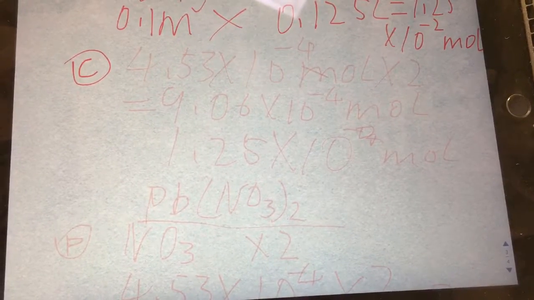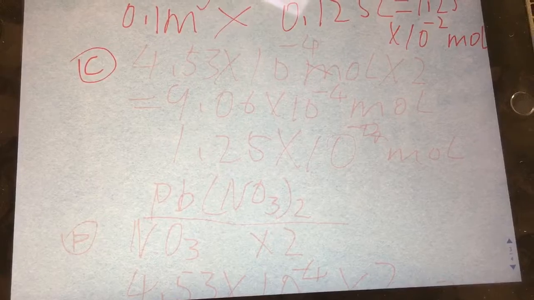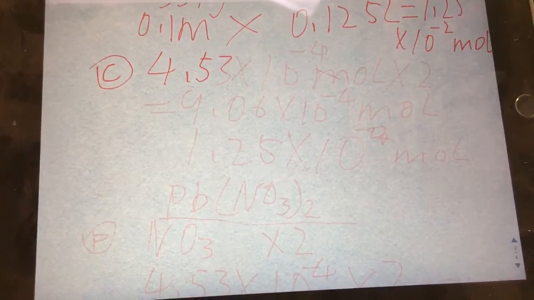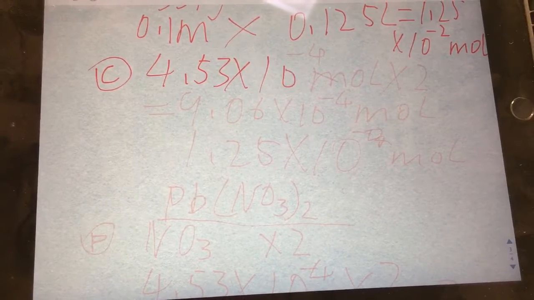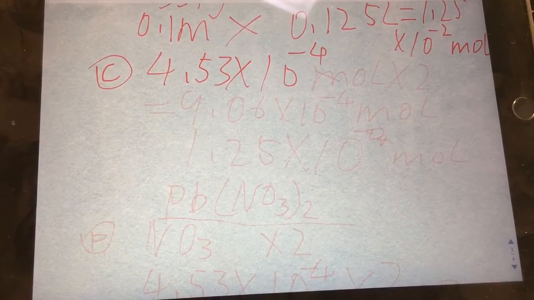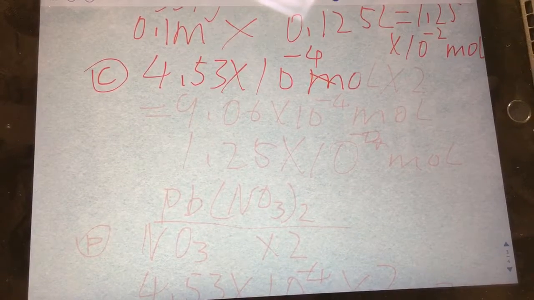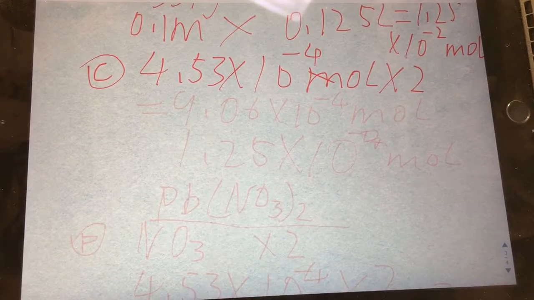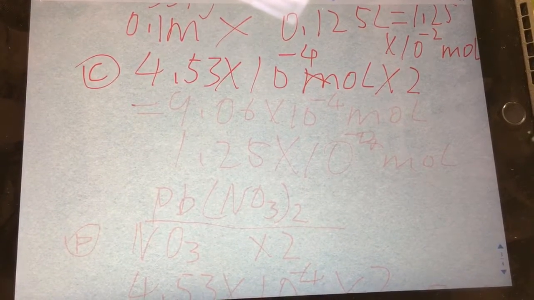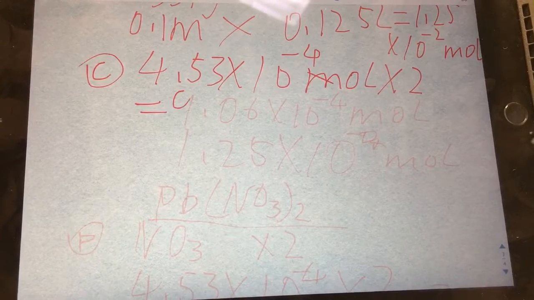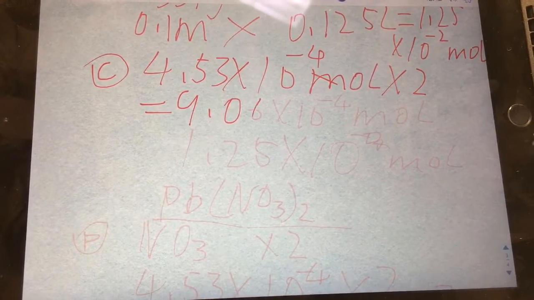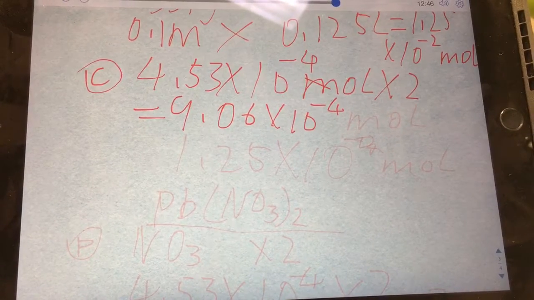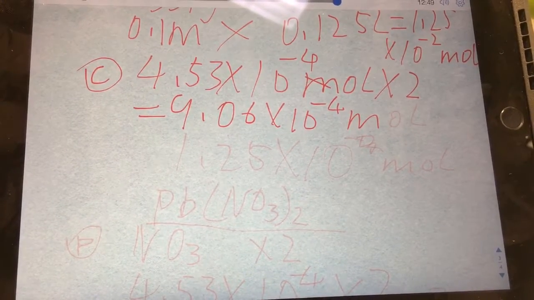The amount needed is 4.53 times 10 to the negative 4 moles times 2. So the amount needed is 9.06 times 10 to the negative 4 moles of lead nitrate.